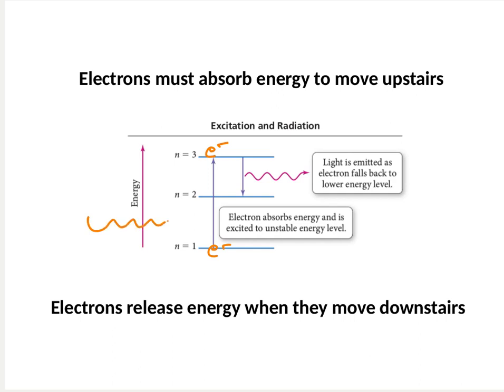Oftentimes the energy will come in as electromagnetic radiation, something that we talked about in a great deal in previous lectures. Of course, that energy could come from other sources. I know for the Bohr model, Bohr postulated that this energy is only coming from photons. There are other ways to excite these electrons and get them to move upstairs to larger homes.